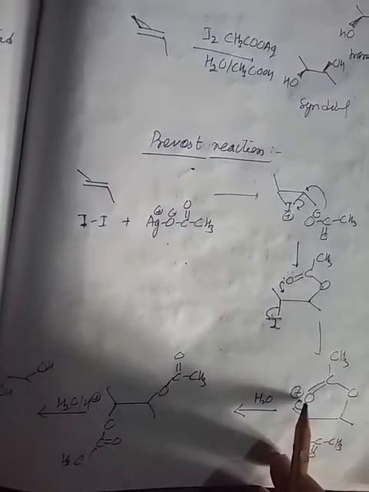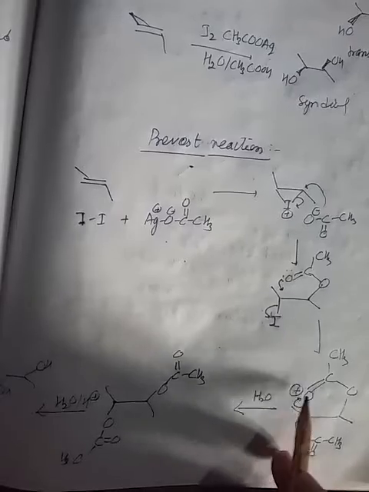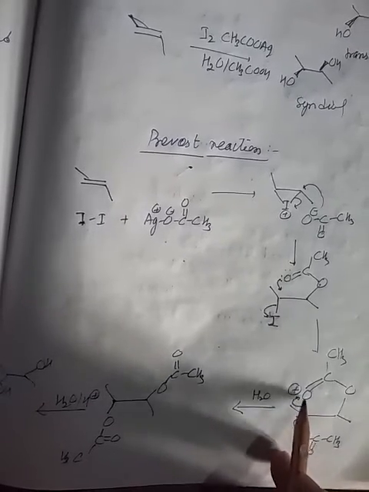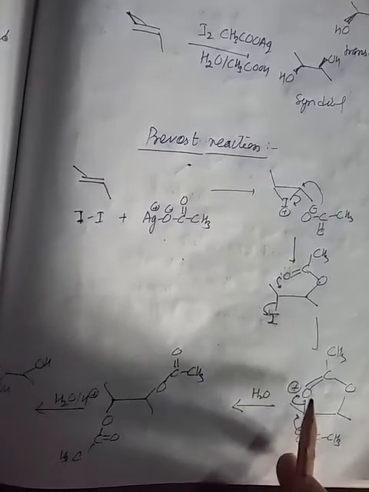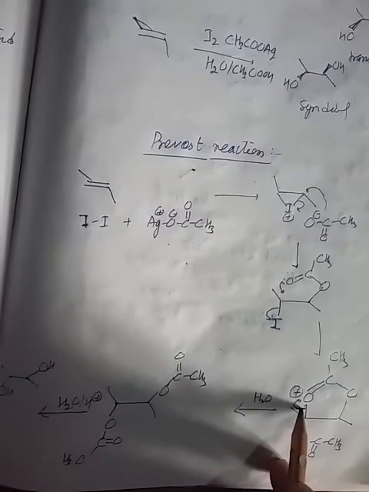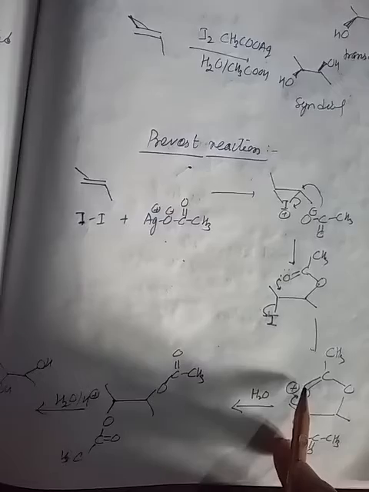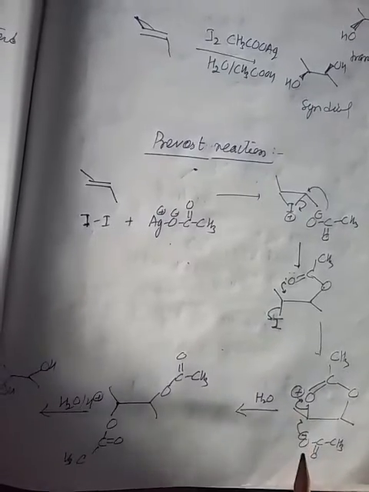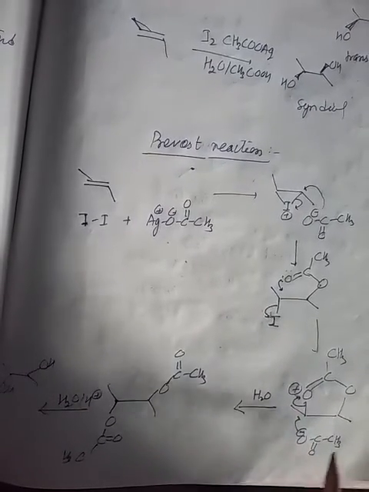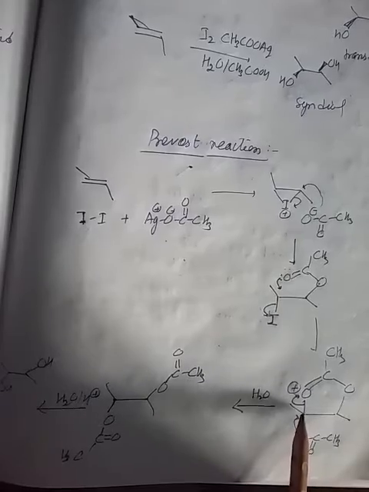Then this oxygen carries a positive charge, so there is a cleavage of this carbon and oxygen, and because it carries a positive charge, so it pulls electrons towards itself, and another acetate ion attacks from backside from here.